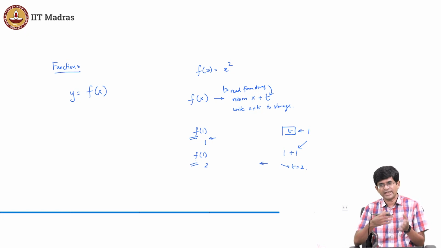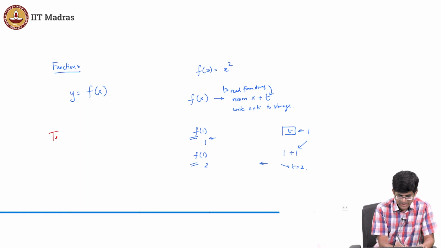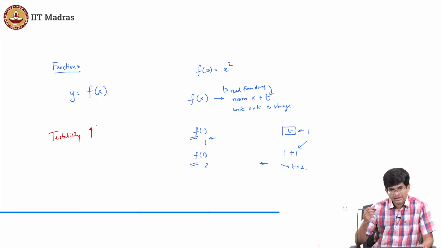I don't need to create a dummy database. I don't need to have any other mock test set up around it. I can just basically test the function by itself. So, in other words, the testability would improve.